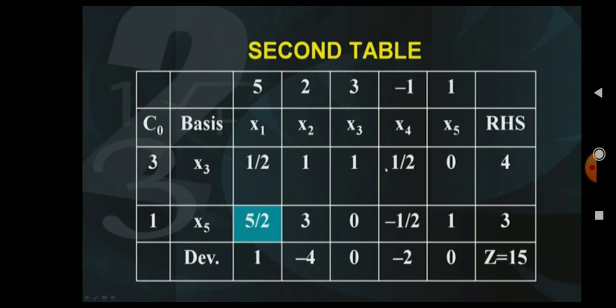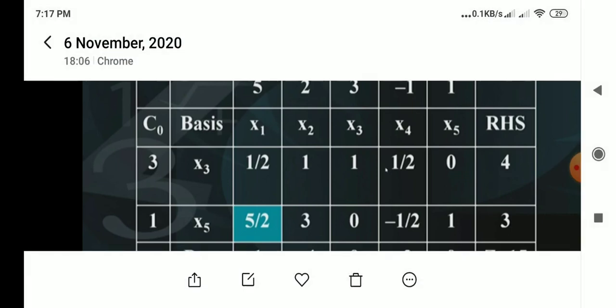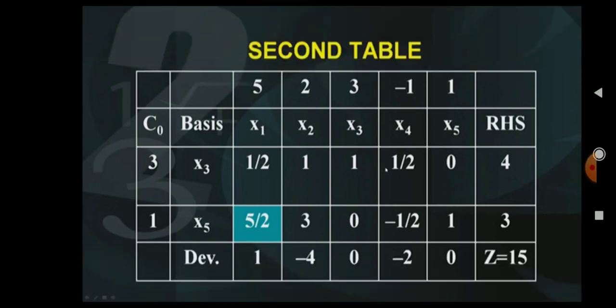Okay, similar calculation. Here the objective function value is 3 into 4 and 1 into 3, so 12 plus 3 equals 15, because all other variables, that is x1, x2 and x4, are taken as 0, and only x3 equals 4 and x5 equals 3.